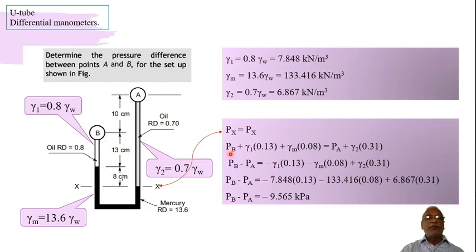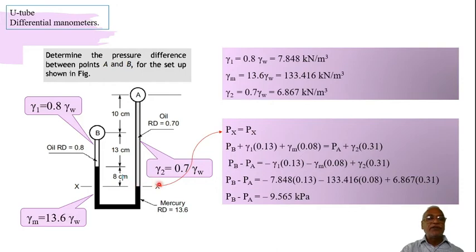Is it right? From Pb, I am going down, that's why there is plus. I am going down in a liquid of gamma 1 through a distance of 0.13. Still I am going down in the mercury, that's why plus gamma m through a distance of 0.08. So I have written this for Px on the left hand side. Now this is equal to Px of the right hand side.